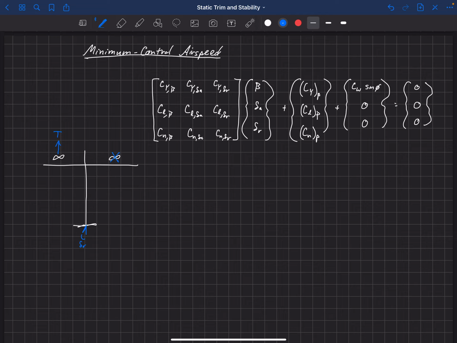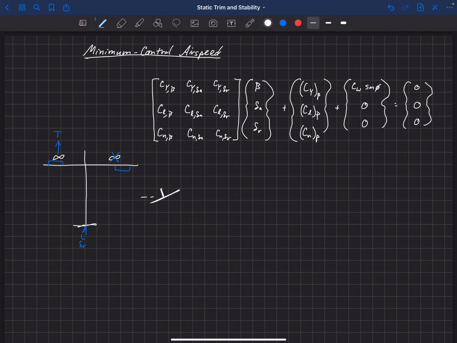Usually you want to bank into the operating engine and away from the engine that's out. So our operating engine will now be lower, so we're going to bank to the left here. That means we're going to have positive aileron deflection on the right and negative on the left. If we were to look from the back of this aircraft, it's going to be banked to the left here to trim this out.